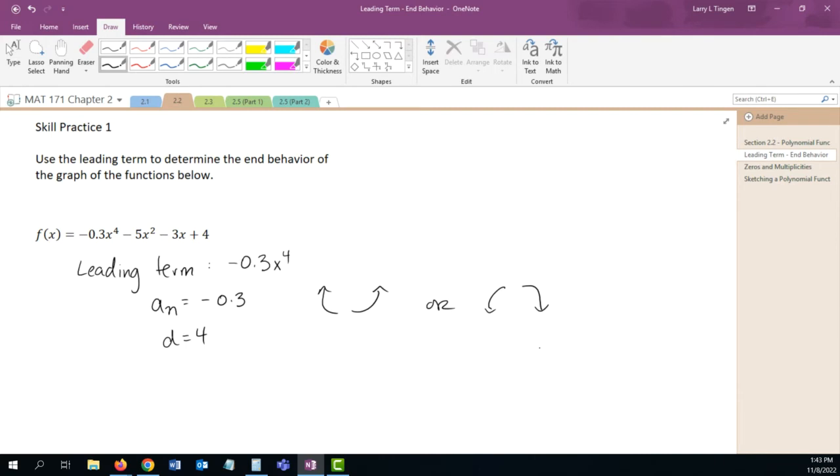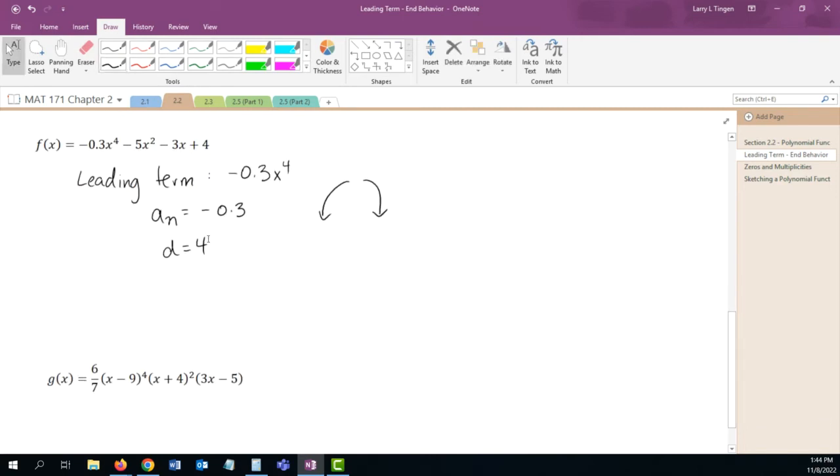In this one, the sign of the leading coefficient is negative. So that means I can't go to positive infinity, because I'm taking in some large positive number, raising it to the 4th power, and then multiplying by a negative, which is going to make it dive for negative infinity. All right. So what's my end behavior? It looks like that.